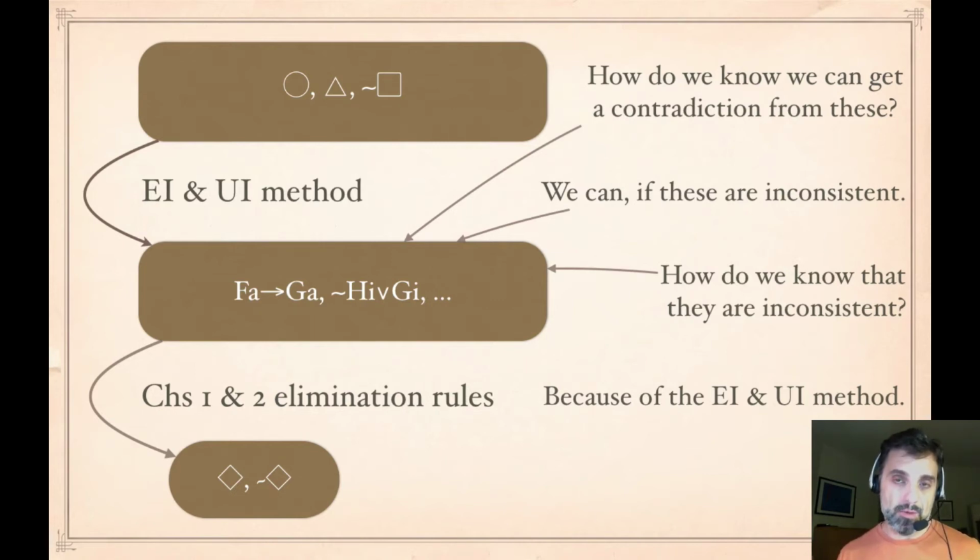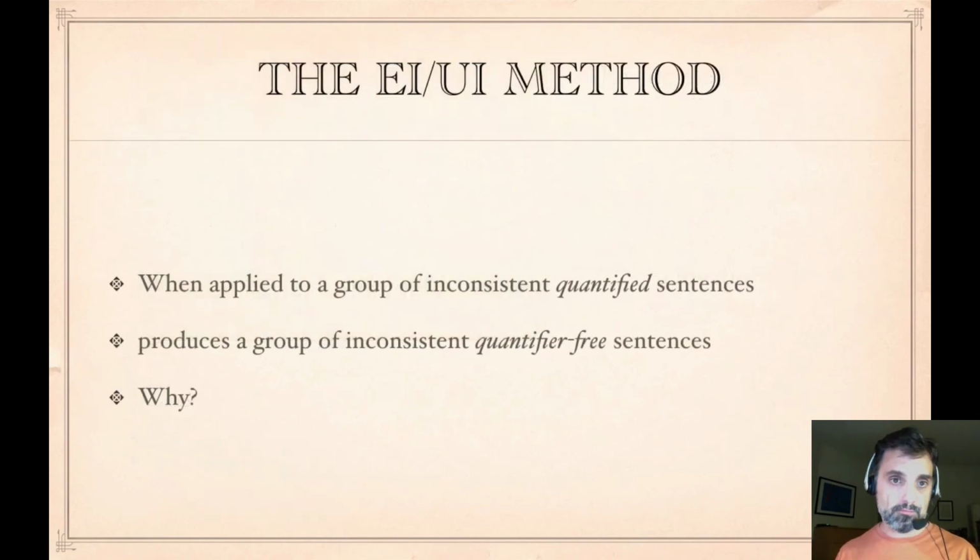With the EI-UI method, we start with one group of inconsistent sentences, the premises and the indirect assumption, the negation of the conclusion, and then by applying the EI-UI method, we get to another group of inconsistent sentences. But the second group is not only inconsistent, it's also quantifier-free. And at that point, we can apply our Chapter 1 and 2 rules to extract the contradiction.